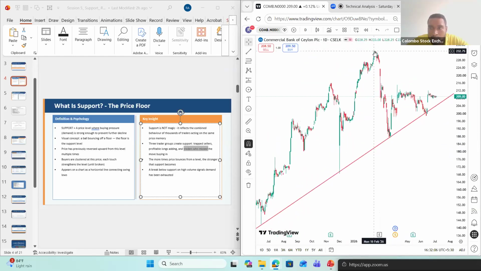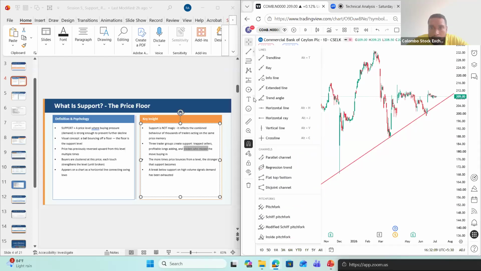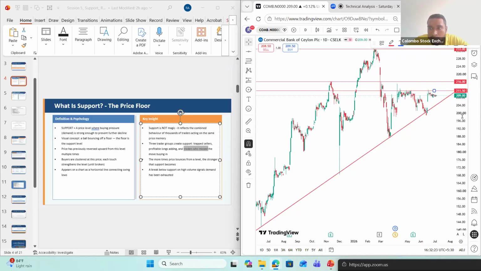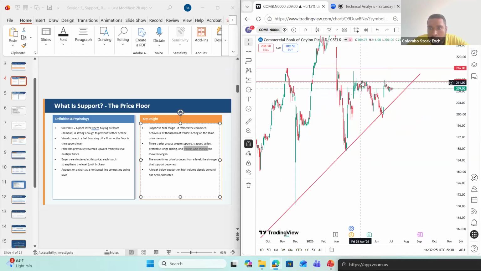So this is a resistance level. It's a previous high. This is also a previous high. And at this level, we see price reactions, because when the price is approaching that level, the price is rejecting.